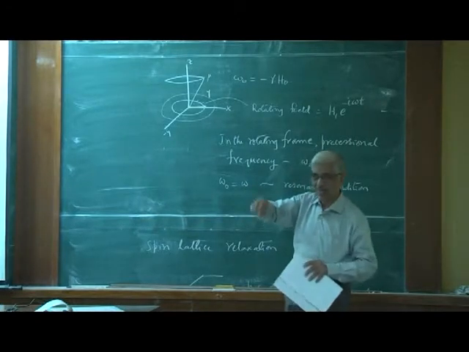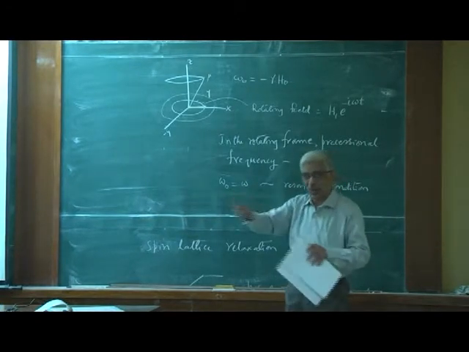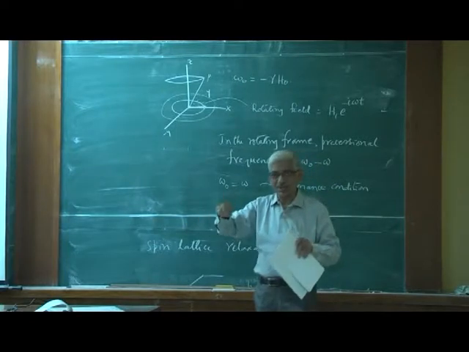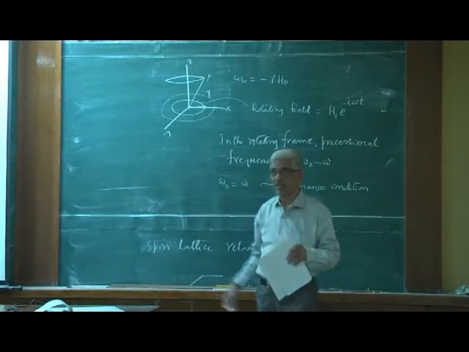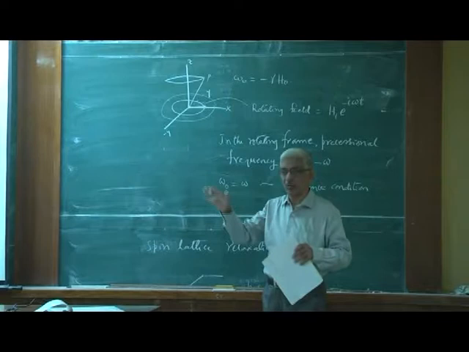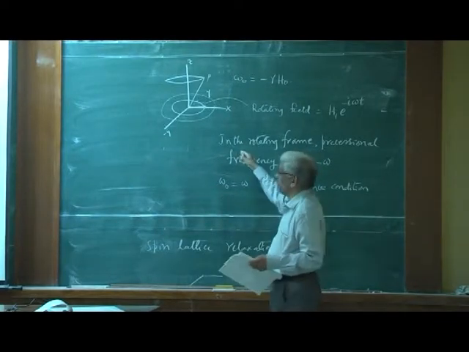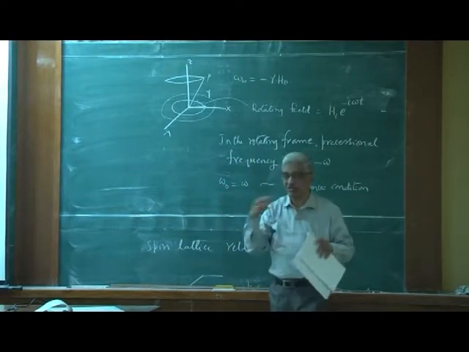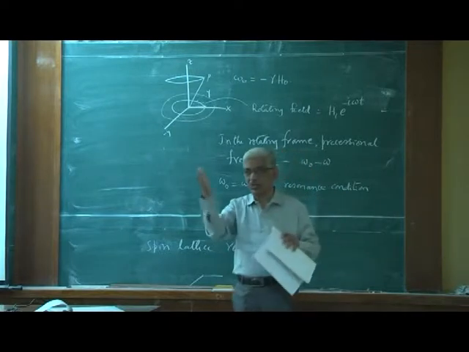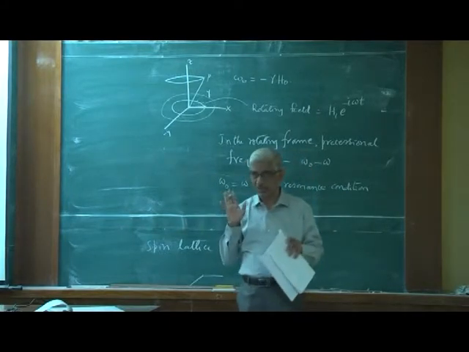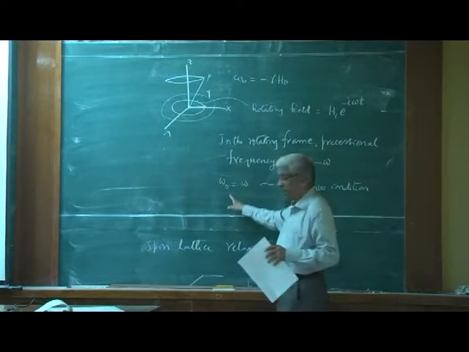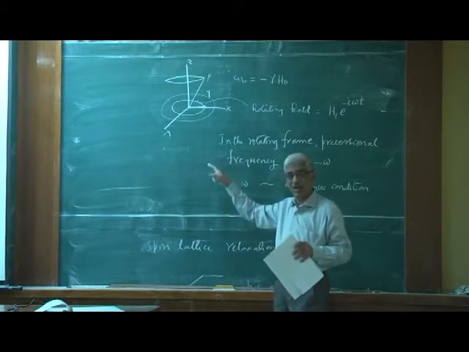You're an observer sitting on the H1 field. You're not blocking H1. Okay, so the field is present. You are only observing sitting over there. Okay. In other words, you are going into the rotating frame of reference to see what is happening to your nuclear spin system. So there will be interaction between mu and your H1.